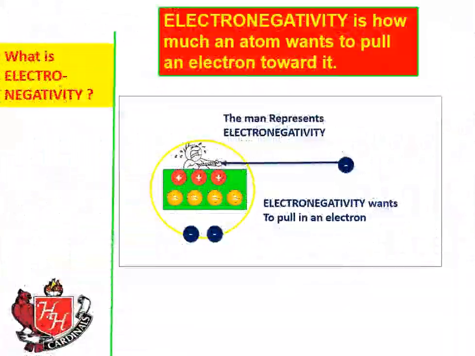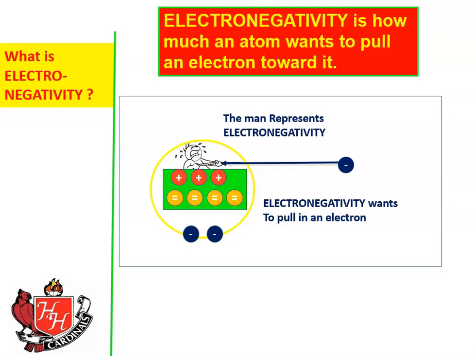Okay, what is electronegativity? Electronegativity is how much an atom wants to pull an electron toward it. Electronegativity wants to pull in an outside electron. So let's compare the two. Ionization energy is how much an atom wants to hold on to its own electron. In other words, how much energy it takes to steal an electron away from that atom.